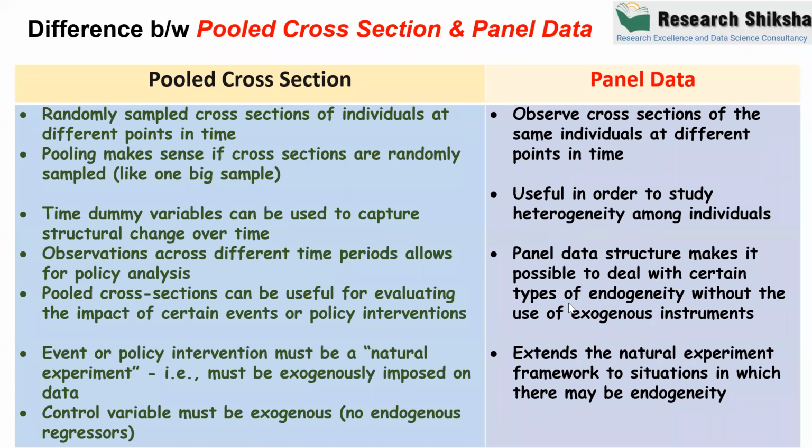So I hope now you have some sense of the difference. Panel data is different from pooled data or longitudinal data. Now, I hope you have a clear difference between the two.